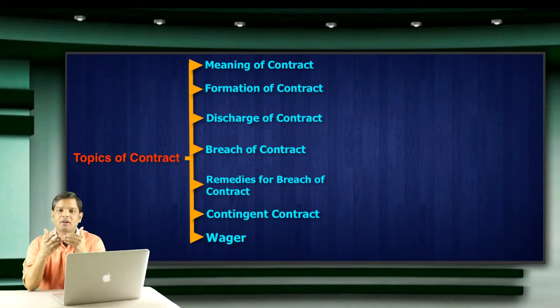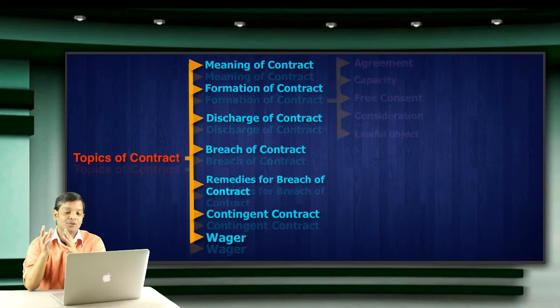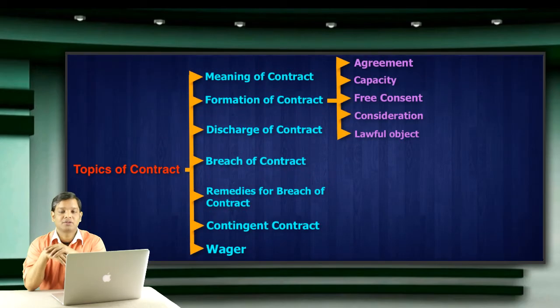Okay. Now again come back to the first topic, that is formation of contract. What are the principles that we have discussed under the formation of contract? The first one of course was agreement. Okay. So what is agreement? Then capacity.